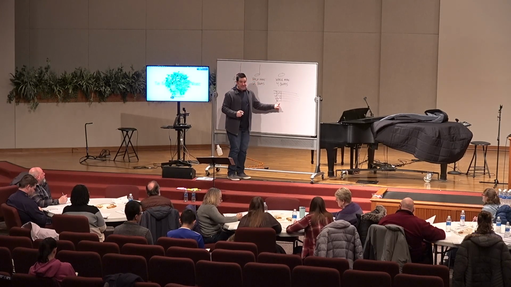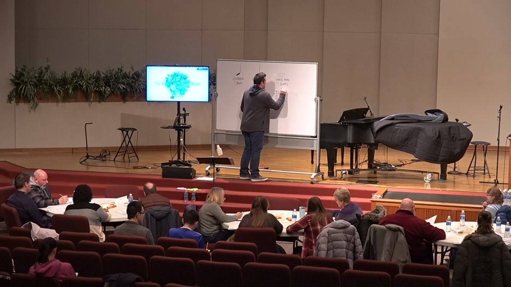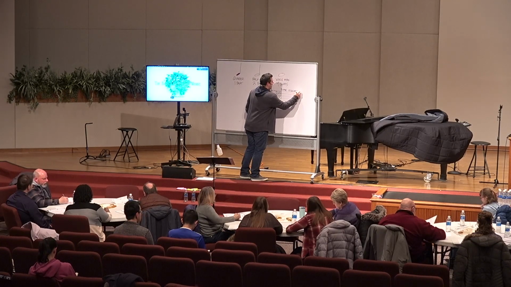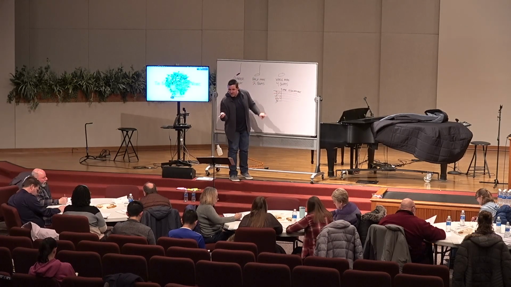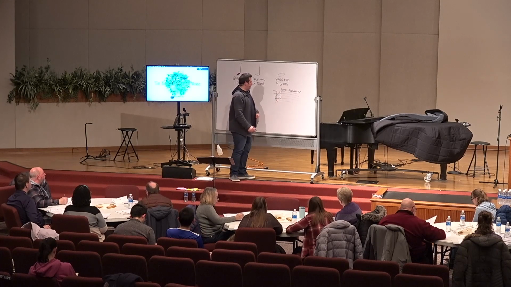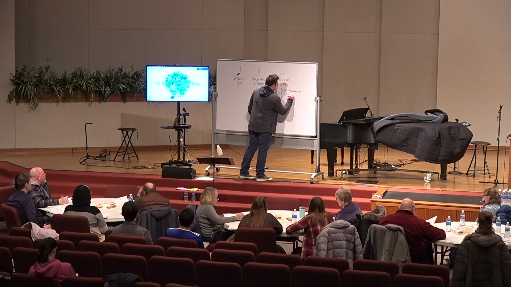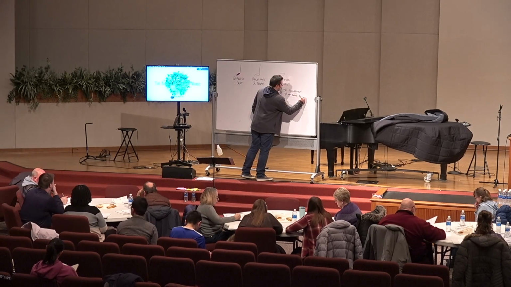So this is the time signature. Everyone say time signature. That'll be on your test. In a time signature, the top number shows you the number of beats per measure.